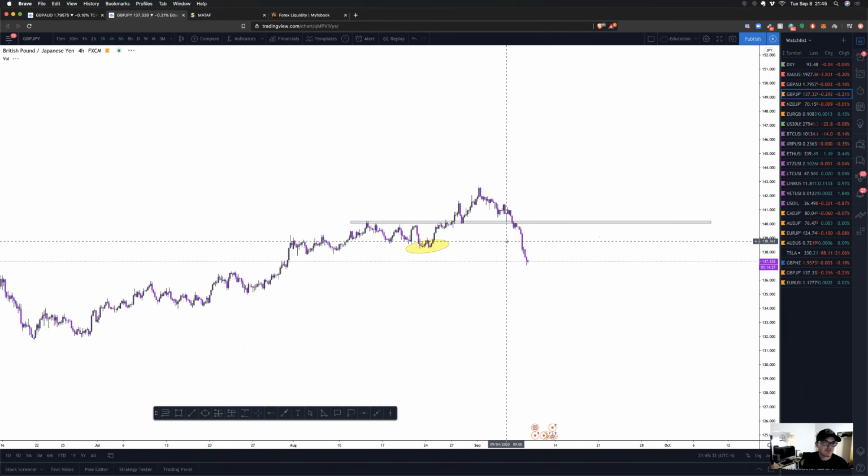You could buy this right now if your bias is that it's going to pull back, but you're trading against the trend, and that's always a higher risk trade. Especially when you're beginning, you always want to trade with the trend. If you're in a downtrend, you want to sell at the peak of those retracements, and if you're in an uptrend, you want to buy at the bottom of those pullbacks.